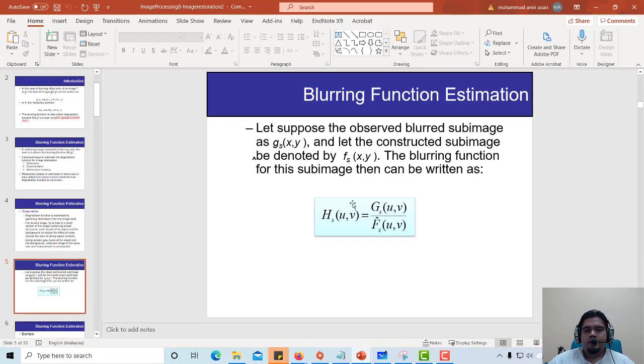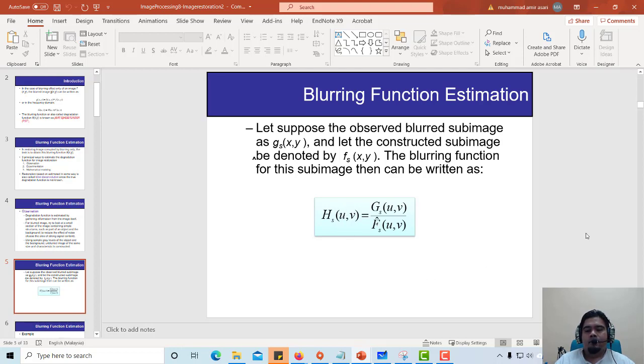To estimate our H, you need to compute by dividing our GS by F hat S, or FS here. It doesn't matter whether it is F hat or F, it's the same thing. Ideally we want F hat equal to our F.